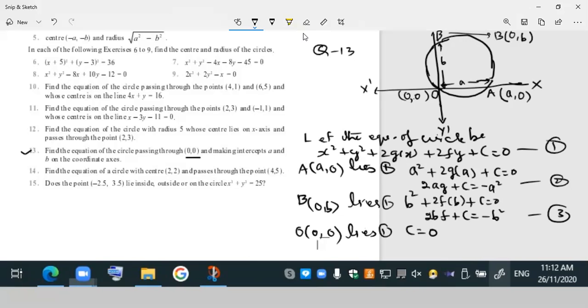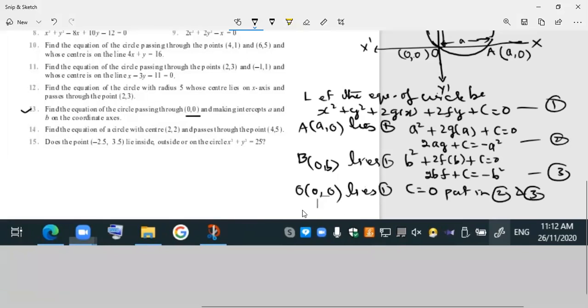So now this c is equal to 0, put in the second and third equations, and we get f and g. In equation number 2, if you put c is equal to 0, you get 2ag is equal to minus a square, a will cancel, and g will be equal to minus a upon 2.